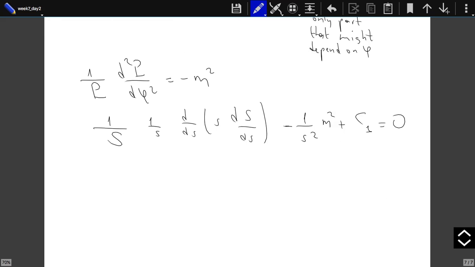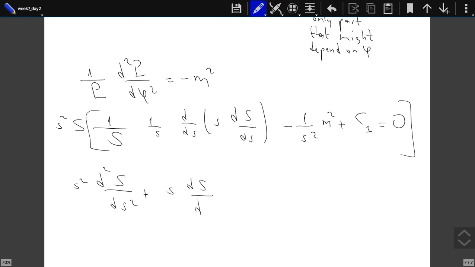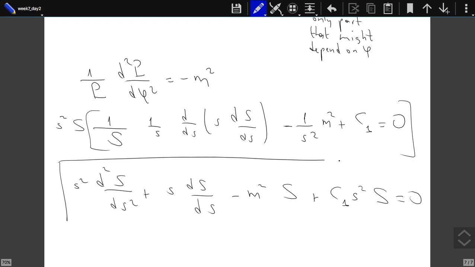Or, let's multiply both sides by s squared and S. Take that derivative, and we end up having s squared d squared S by ds squared plus s dS by ds minus m squared S plus C1 s squared S. This is equal to 0. This is the equation that the s part should satisfy.